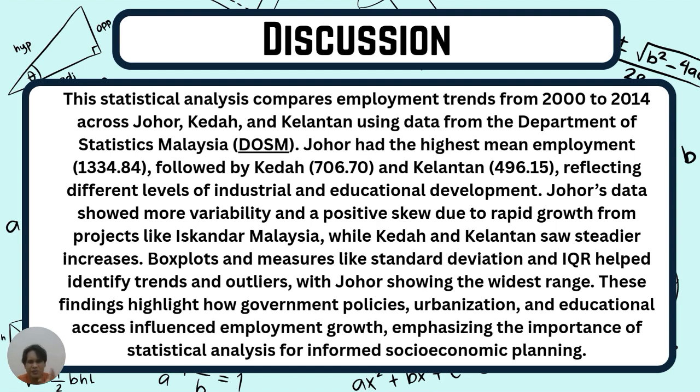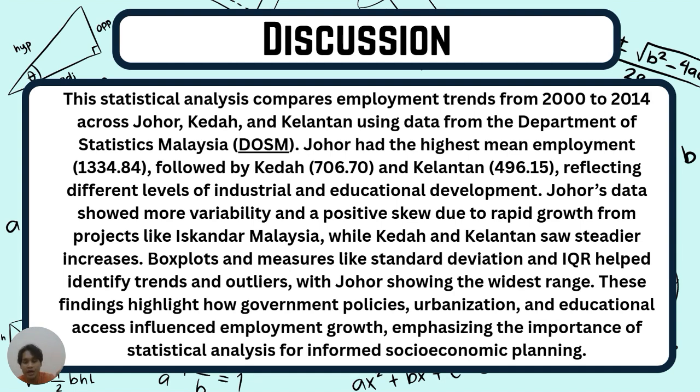In terms of distribution shape, Johor's employment data exhibit a positive skew, a right skew where it goes to the right, indicating a concentration of lower employment values in early years and stretching towards higher values in later years. This skewness reflects rapid growth during the later part of the period, driven by major development initiatives such as Iskandar Malaysia, which spurred industrial, infrastructure, and economic expansion.